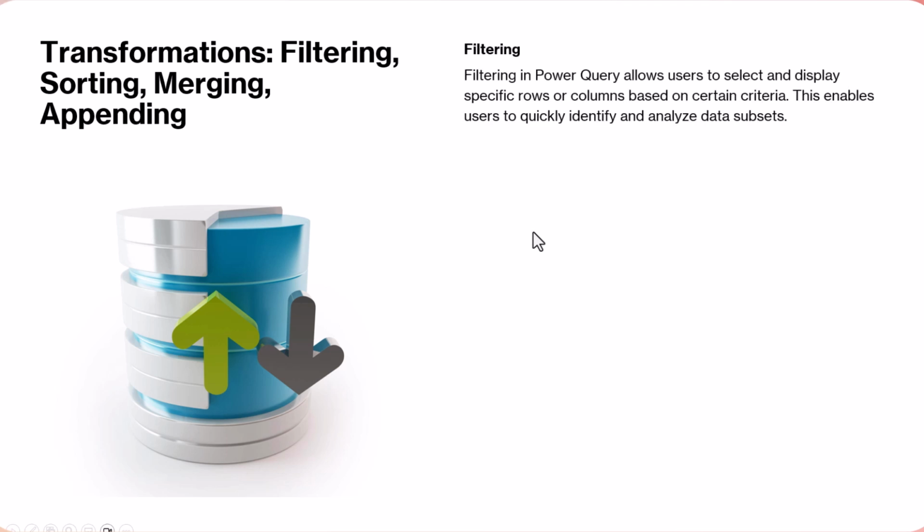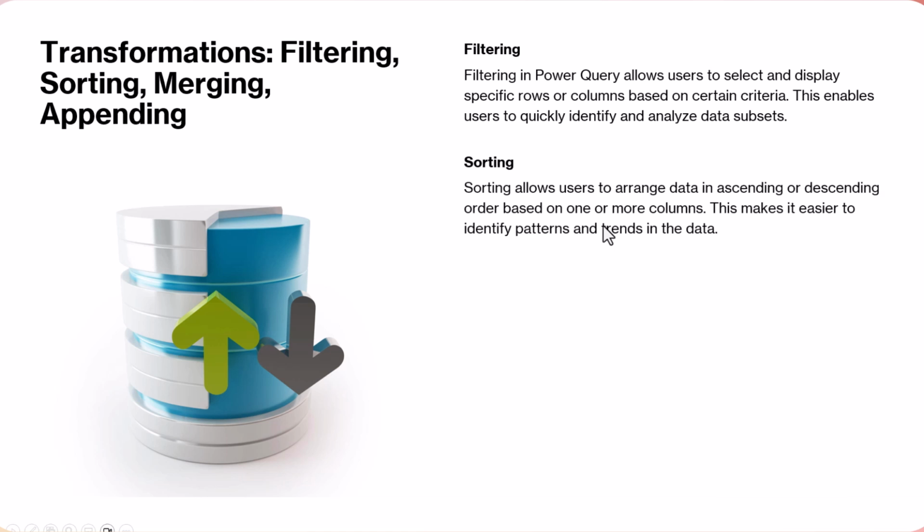So what are the transformation steps you can perform? Like I stated earlier, you can filter data. In case you don't need a column or a row, you can remove it and say, okay, I don't want this. You can sort the data in ascending or descending order.